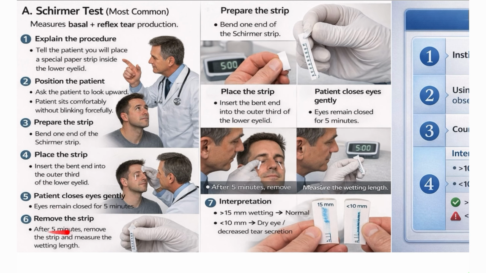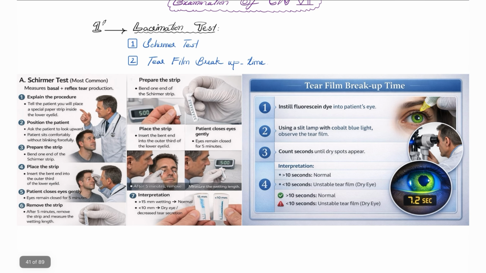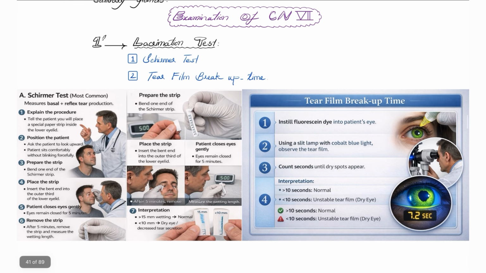After 5 minutes, remove the Schirmer strip and interpret it. If more than 15 millimeters of the strip is wet, it is normal, but if less than 10 millimeters is wet, it means that tear production is reduced or the patient has dry eye.